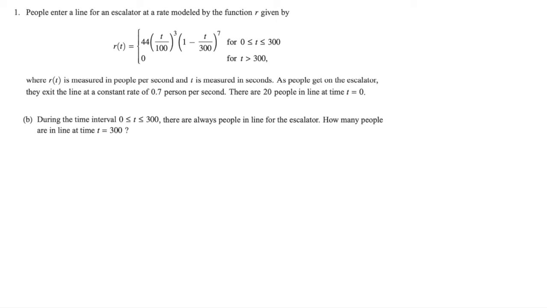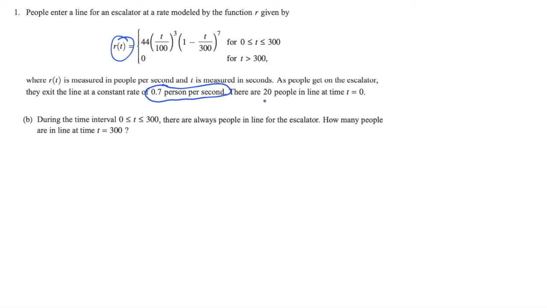In part B, we continue with the same functions. During the time interval from 0 to 300, there are always people in line for the escalator. How many people are in line at time t equals 300? So we want to know how many people are at 300, but now we do need to consider the number of people that are leaving the line, and also the people who are entering.